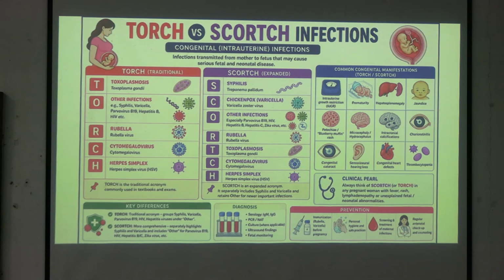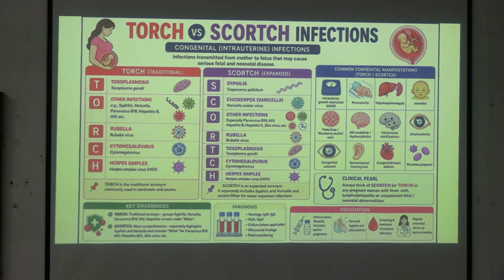In TORCH, syphilis and varicella were in Others. In SCORCH, S is for syphilis, C for chickenpox or varicella, then you have other infections, then rubella, toxoplasmosis, cytomegalovirus and herpes. The rest are the same, only syphilis and chickenpox are in a separate group. So that is what you call SCORCH.